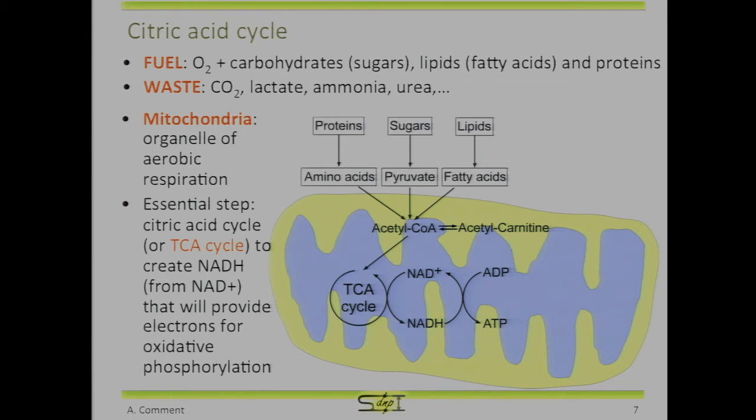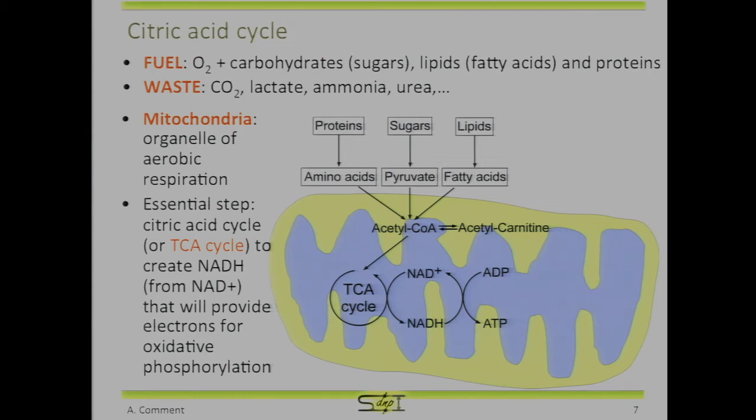And after the catabolic processes, we end up with small entities that can actually enter the mitochondria. That's the fuel, and you end up with acetyl-CoA, basically, that will enter this essential step called the citric acid cycle, or Krebs cycle, or TCA cycle.